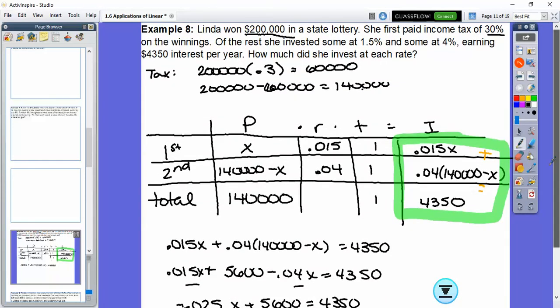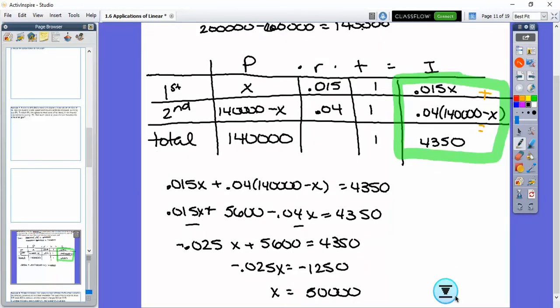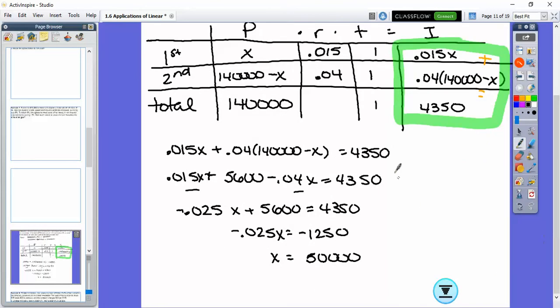And we get 50,000. The question was, how much did she invest at each rate?